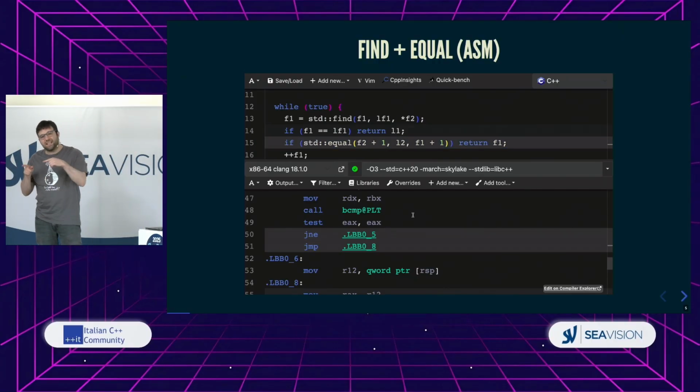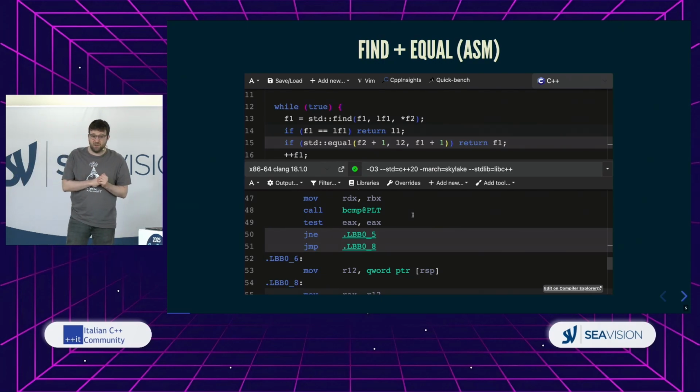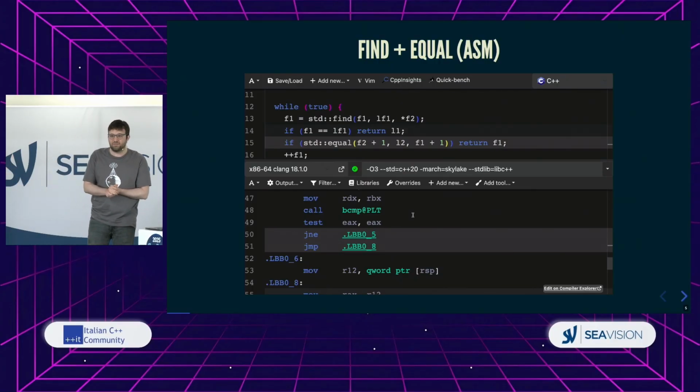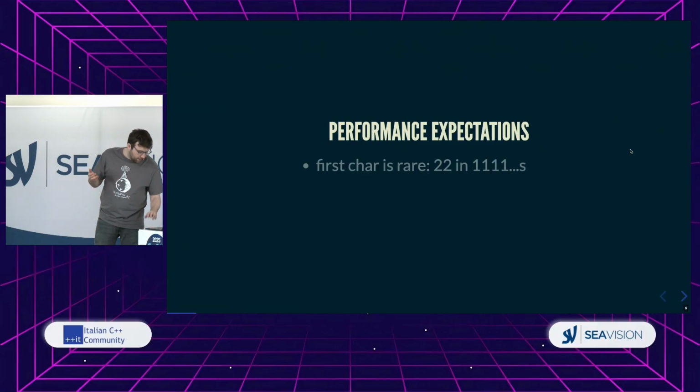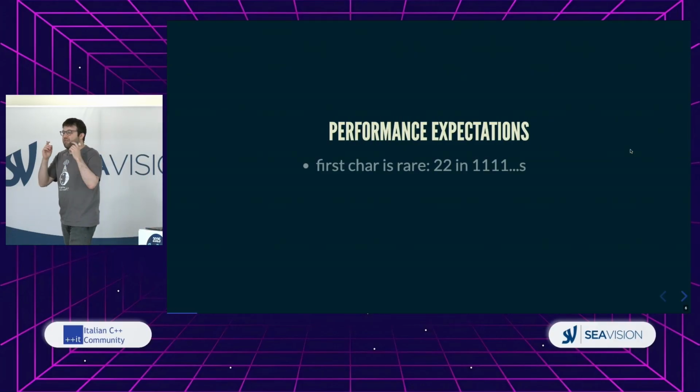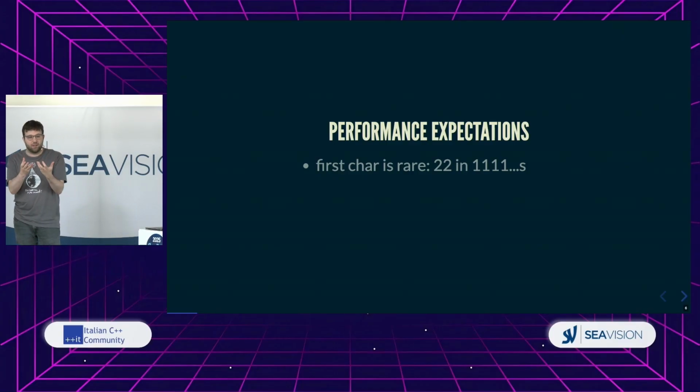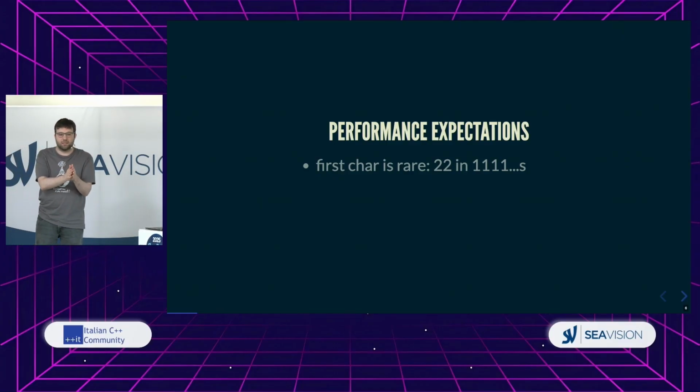So if the C standard library is faster than your standard loop, and it is, this might have an advantage. Here is my expectation of performance looking at the two cases. In one case, the first char of the string that we're looking for is rare.